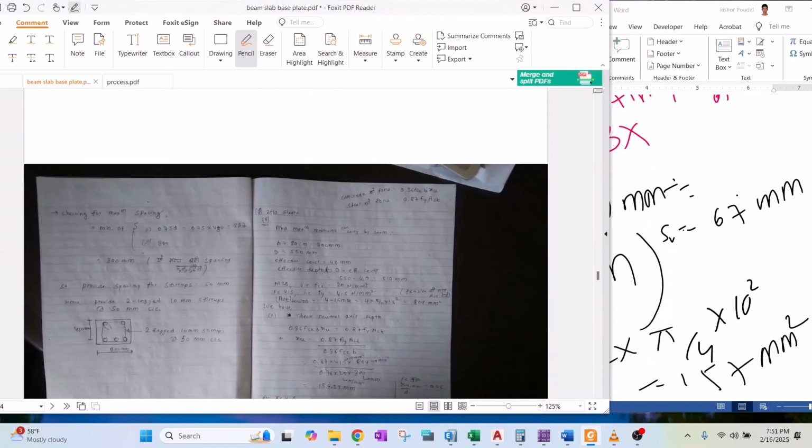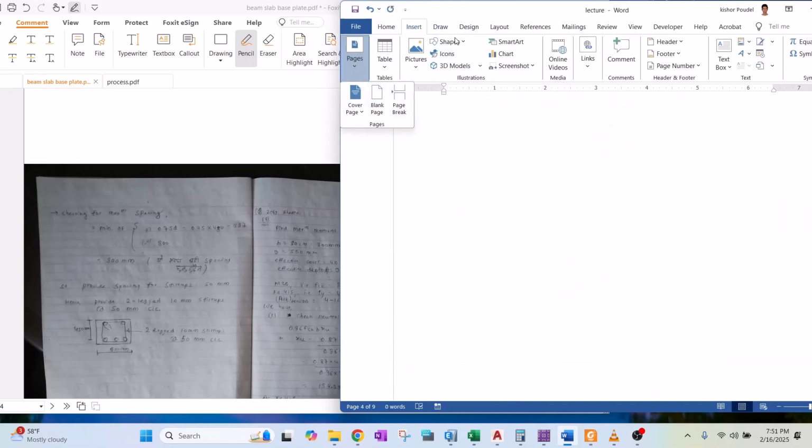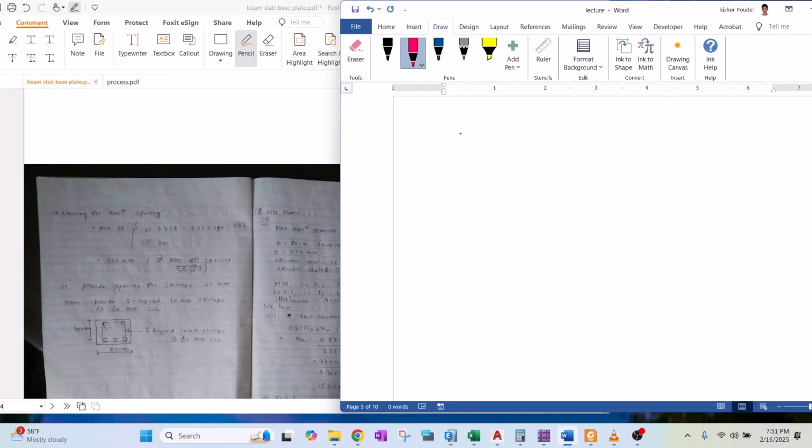So there is also some criteria about the maximum spacing. You should recheck this spacing against the maximum permissible spacing. The maximum permissible spacing given in the code is the minimum of 0.75 d or 300 mm. It should not be greater than this limitation.